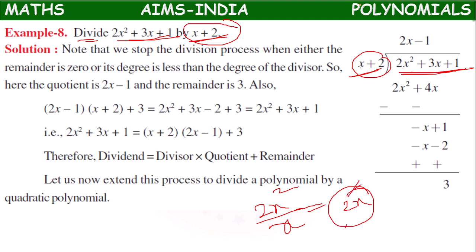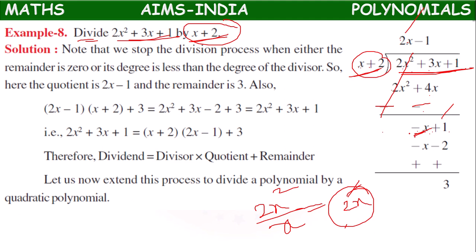That quotient 2x is to be written here. With that quotient, we have to multiply both terms: 2x into x, 2x square; 2x into 2, plus 4x. We have to change the signs. 2x square cancels. Plus 3x minus 4x, how much? Minus x. We carry the next term, plus 1: minus x plus 1.